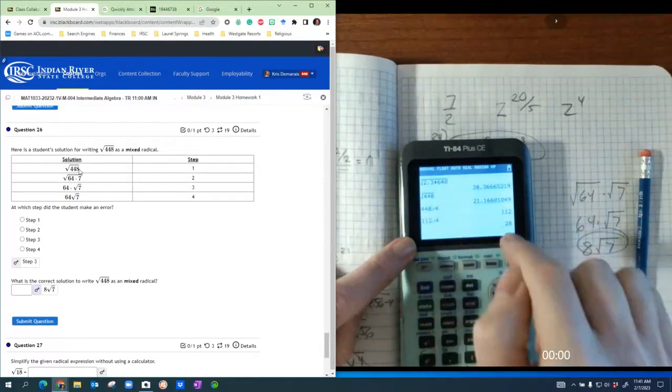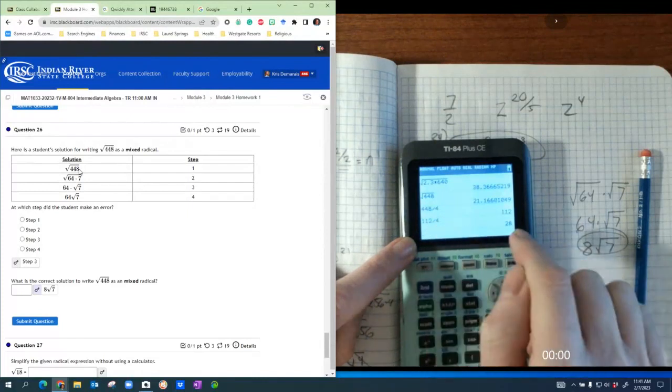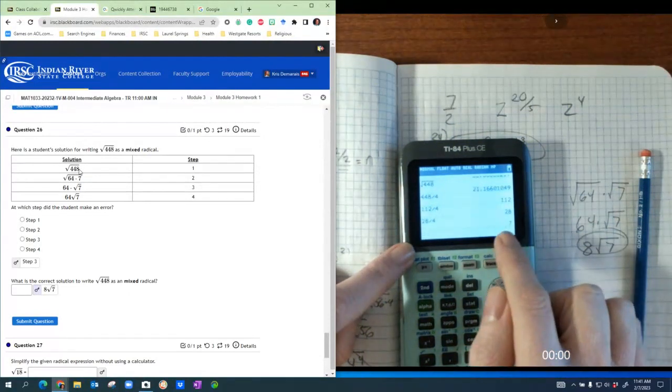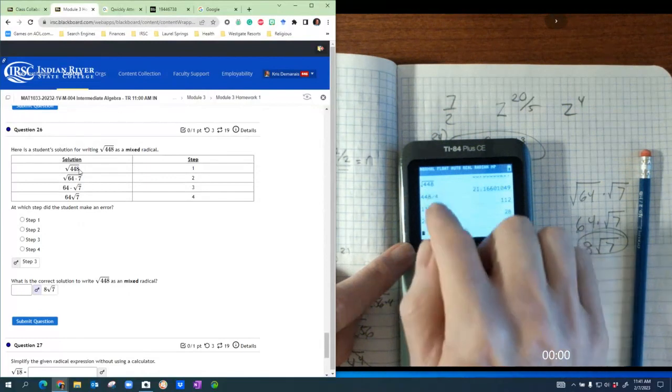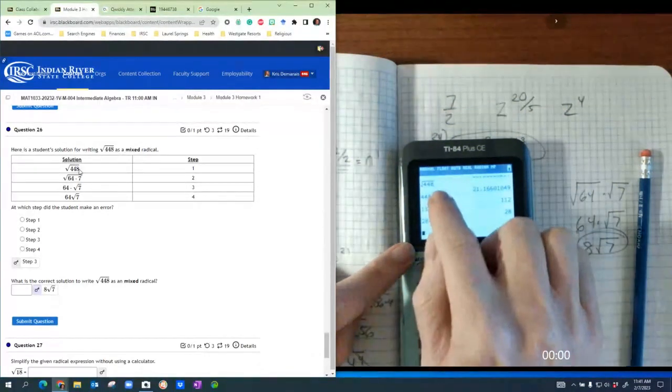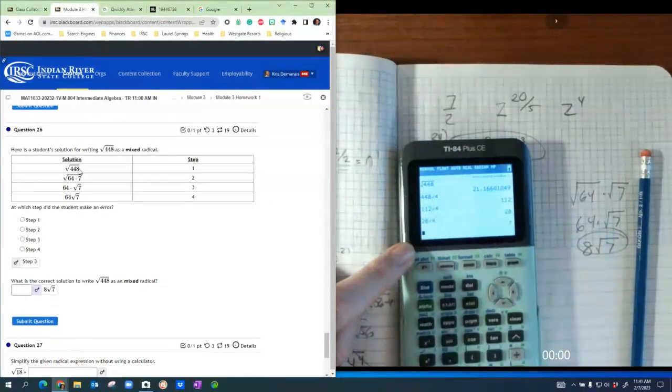It looks like it's divisible multiple times by 4. We have now multiple 4s coming out. Matter of fact, we have three 4s coming out.